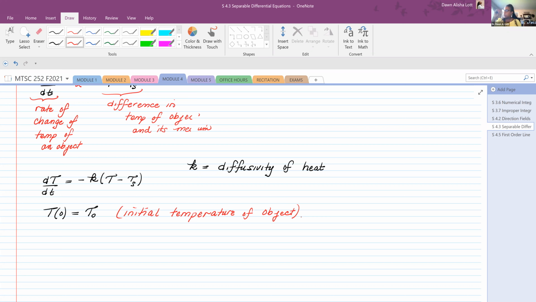Okay, so if I'm hotter than the surroundings, does anybody know which way heat flows? Hot to cold or cold to hot? No, hot to cold. Heat flows from hot to cold.